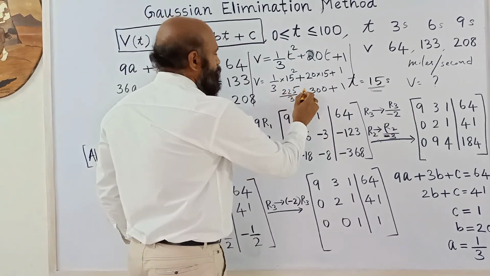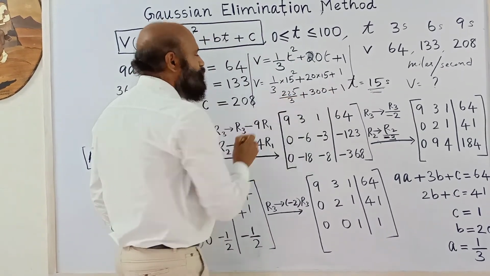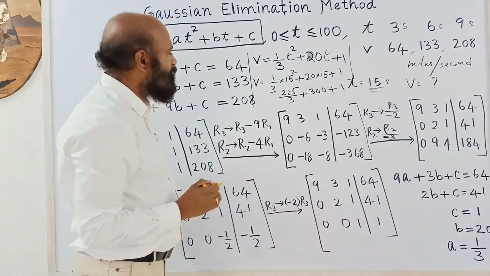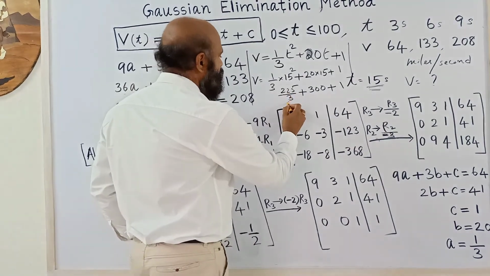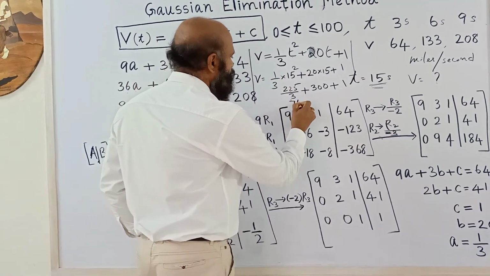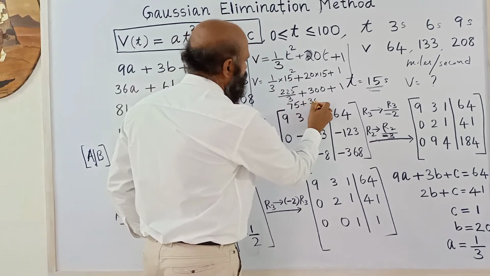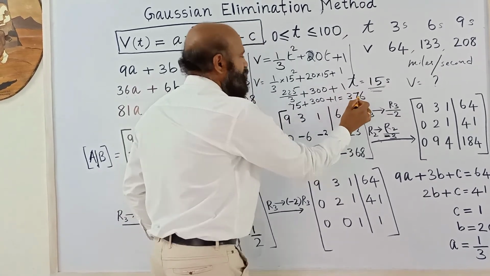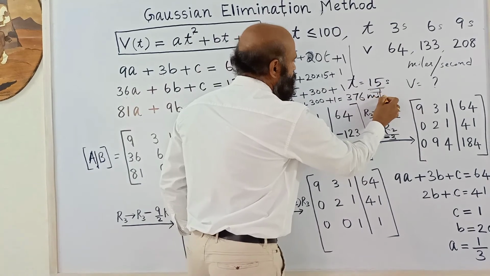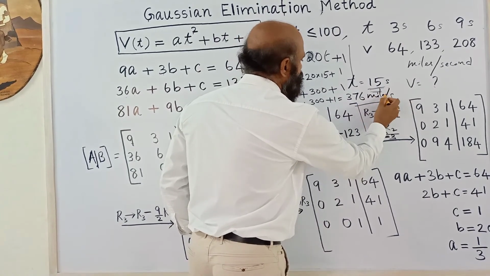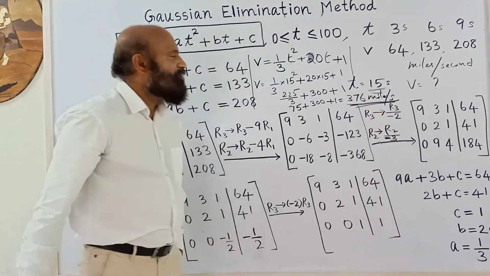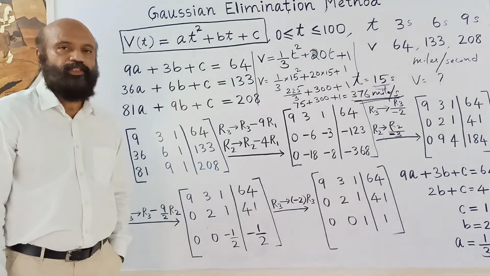Then this calculation is to be done. 225 divided by 3 is 75, plus 300 plus 1. So it is 376 miles per second. So when time is 15 seconds, velocity is 376 miles per second.